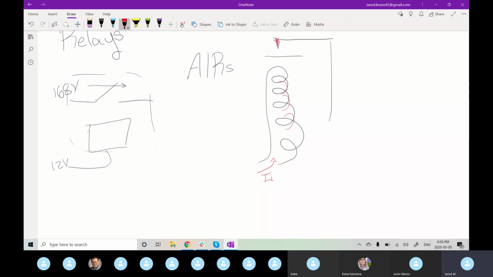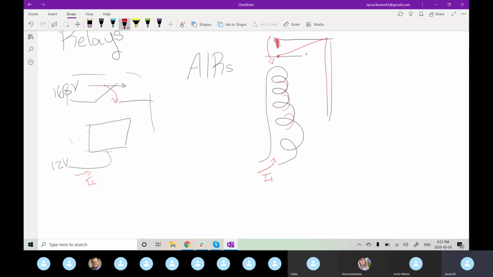And if we have a metal tab, it's going to be attracted to the system. So we'll have the metal make contact. So the switch is closed. So when we send power into our low voltage side, the relay will close.